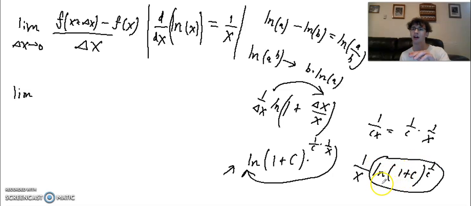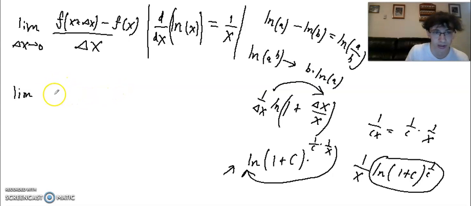The limit of ln of 1 plus c to the 1 over c power is actually the definition of the number e, 2.71828, etc. That is our natural logarithm. That's where the base e comes from. So you probably remember that from pre-calc.